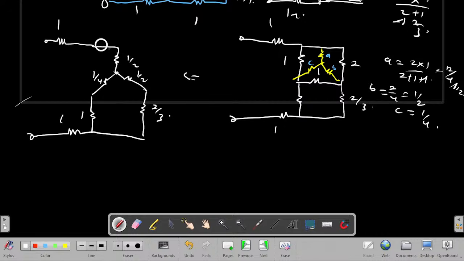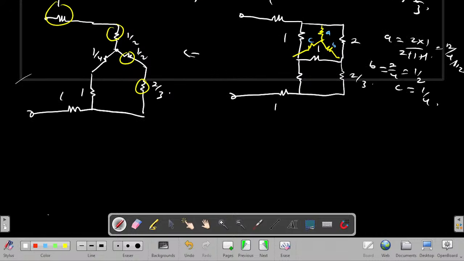Yes. My 1 and 1 over 2 here are in series. My 2 over 3 here and my half are also in series. Let me show you clearly. This and this are in series, this and this are in series, right? Then I can solve. So I redraw. I'll have 1 plus this, giving me 1.5.